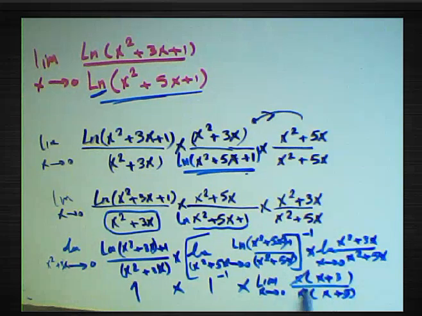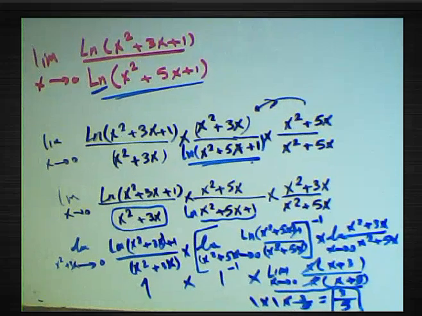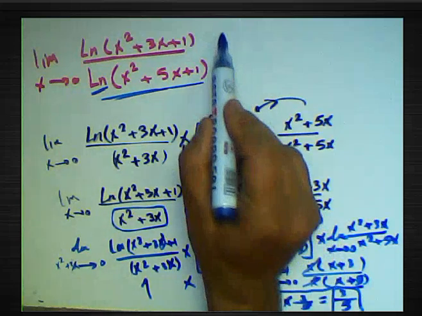We can cancel x by x, and then we put x equals 0: 0 plus 3 equals 3, 0 plus 5 equals 5, so the result here will be 3 over 5, and here 1 and here 1, so the result will be 3 over 5. The result will be what? 3 over 5. Understood?